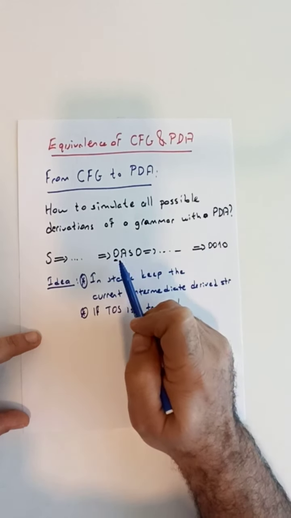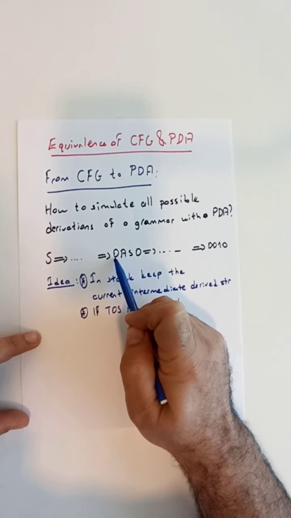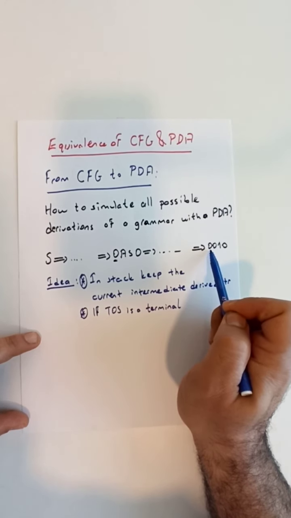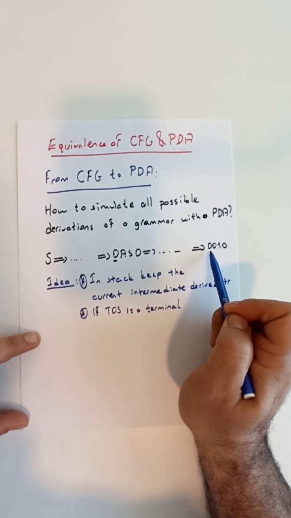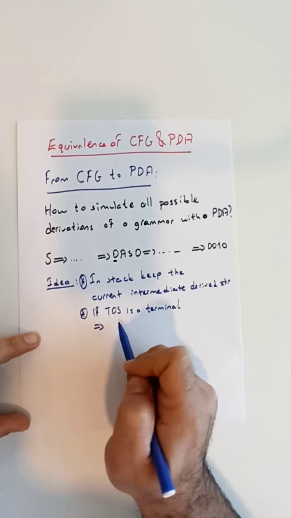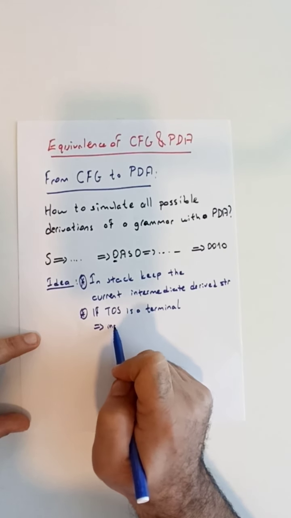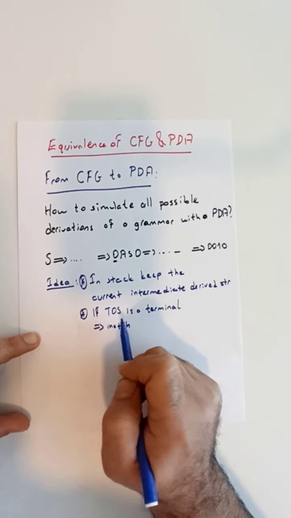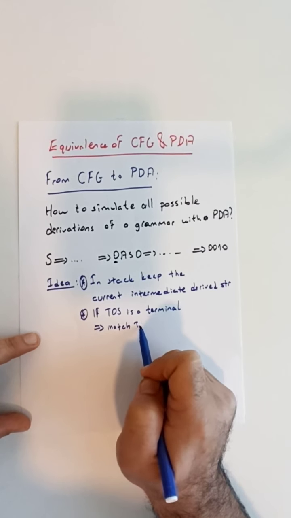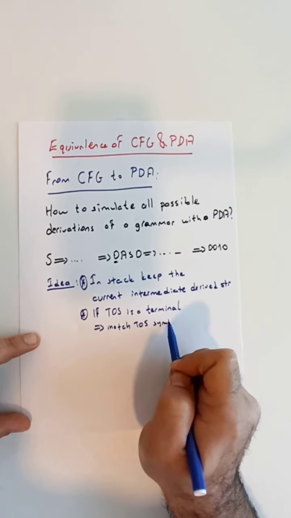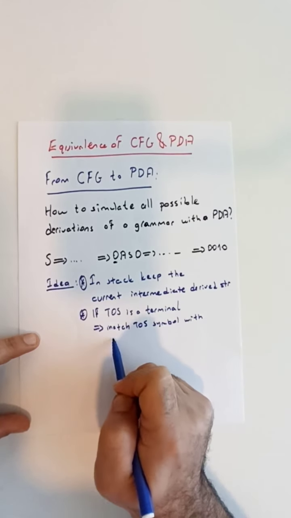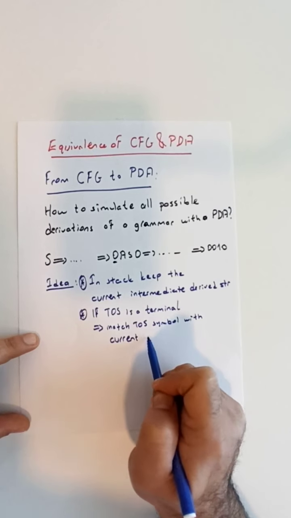If this is the case, we can match this 0 in our intermediate derived string with the current symbol that we want to process in our input string. So if this is the case, then match the top of stack terminal with the current input symbol.